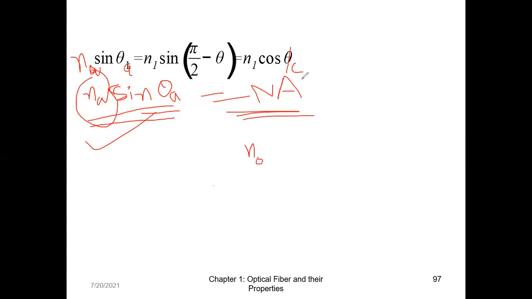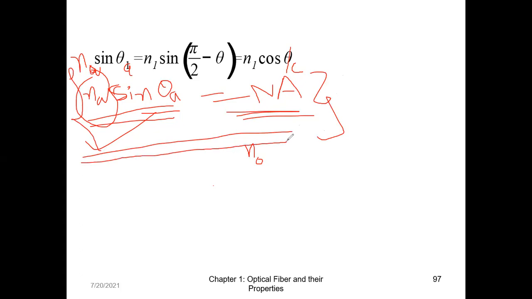At that time, my fiber was in air. Now when my fiber is immersed in water, at that time the definition of numerical aperture will be this. So please mark it and don't try to modify any of the formulas. You will have these two cases only, when the fiber is in air and when the fiber is immersed in water.